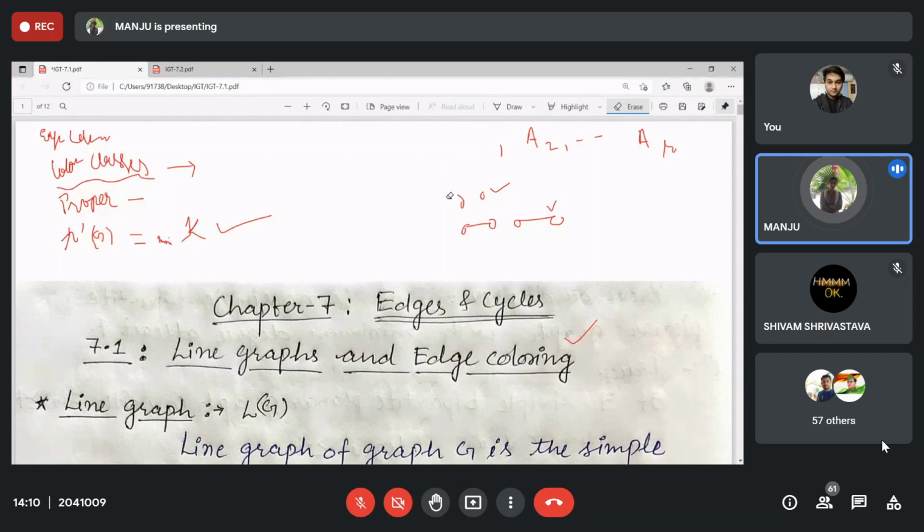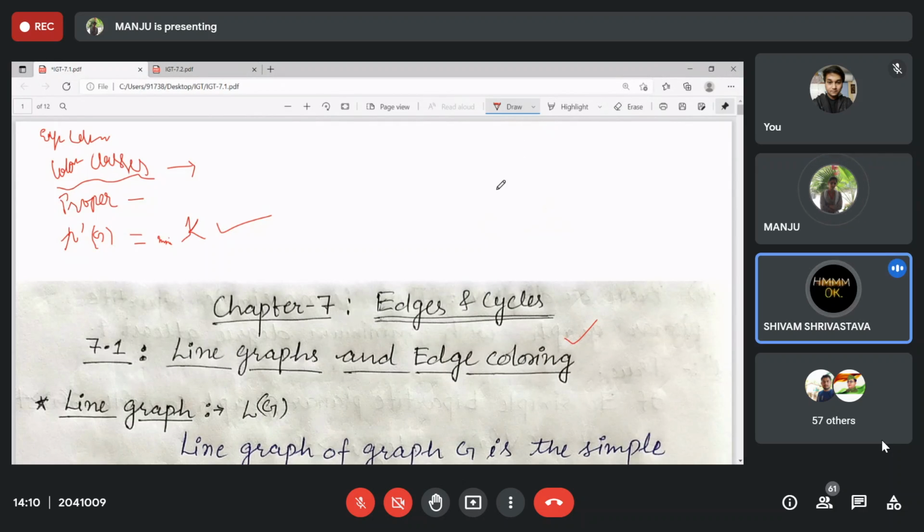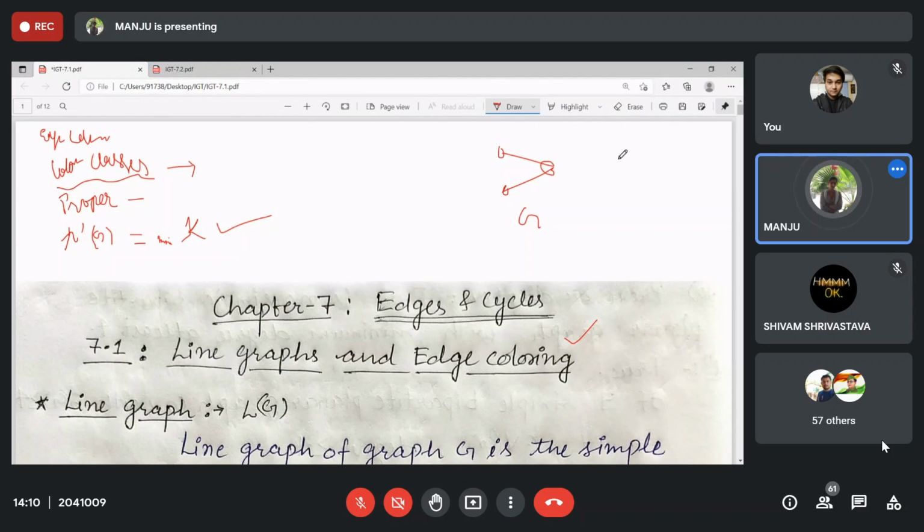Now if you have any graph G, you can find the line graph of that graph. We have done the line graph. If G is this one, then you can find the line graph by considering these edges as vertices.